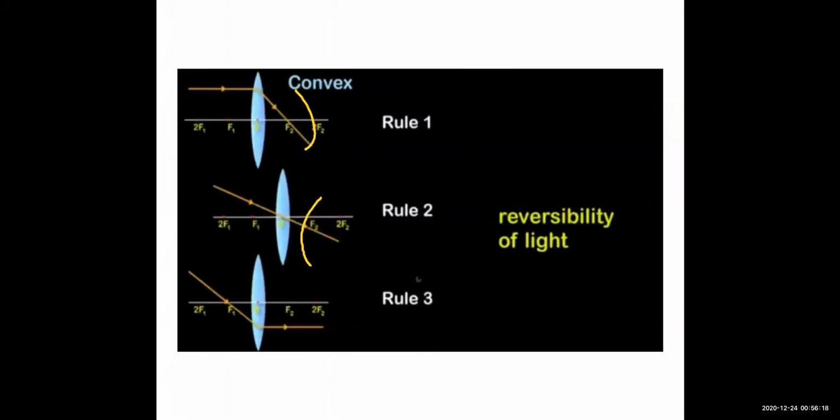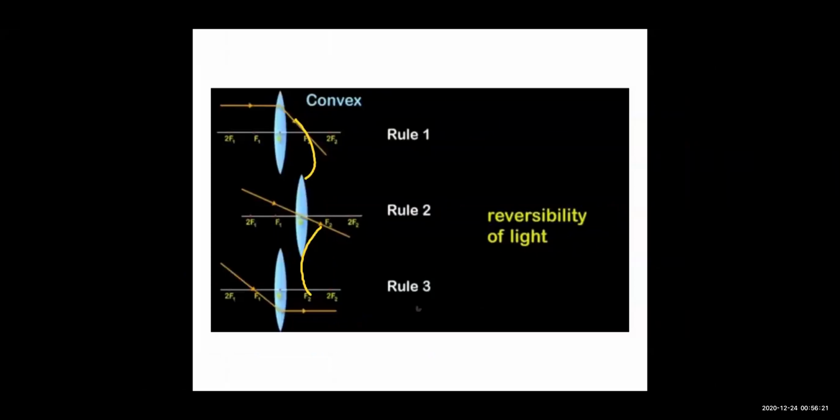Let's move to the rules which we are going to use for the image formation. The first rule for the convex lens is if the incident ray is parallel to the principal axis, then after refraction it will pass through the principal focus, right? And rule number 3 is just the reverse of this.